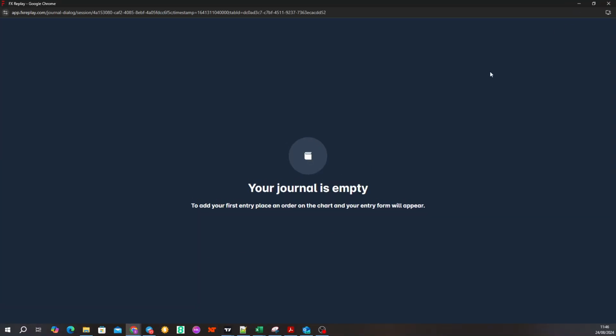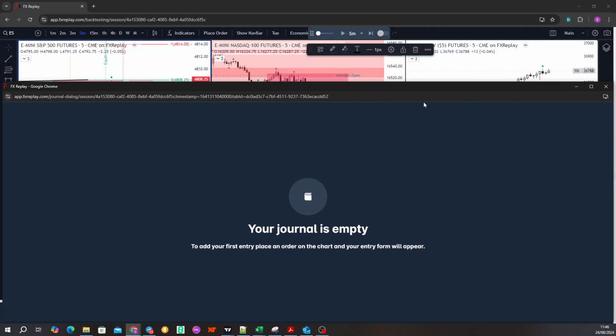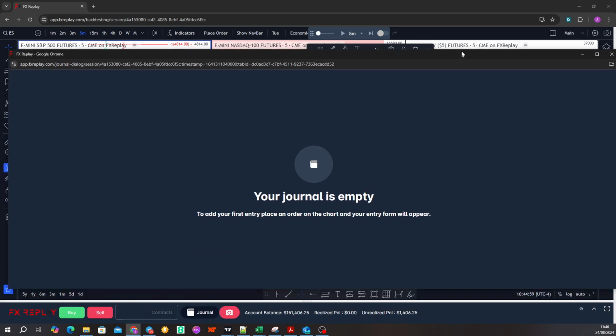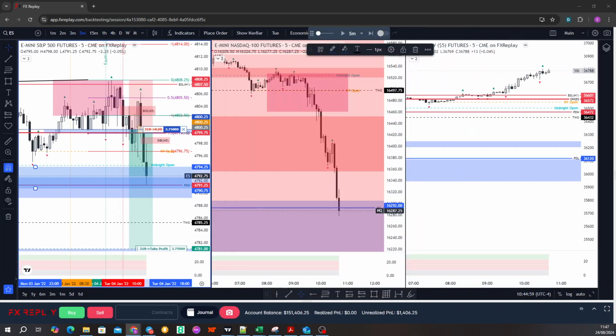But you can't. So I'm just checking. Doesn't look like you can just manually add to your journal. Okay, I didn't click save, so I haven't got this journal saved, which is a problem.